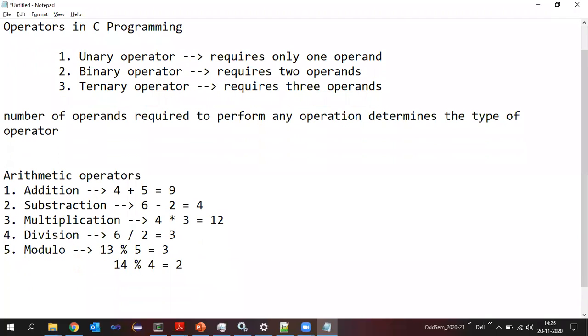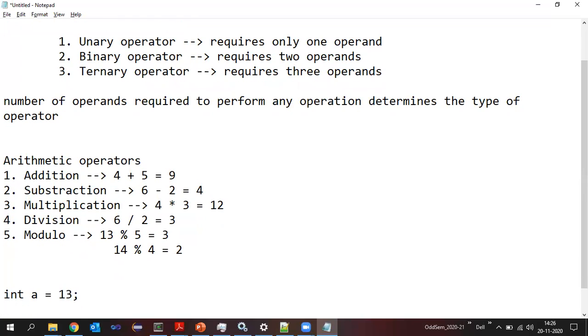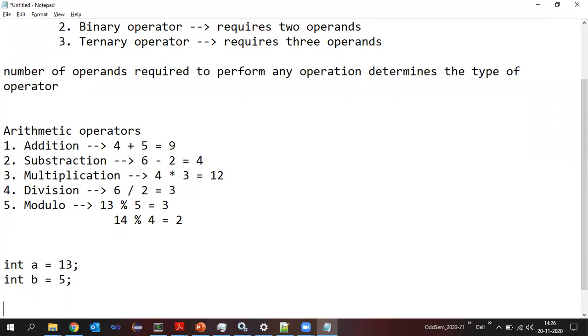Now let me give you another example. Assume that you have int a equal to 13 and int b equal to 5. Then a divided by b will give what value? A is 13, b is 5. How much do you get?